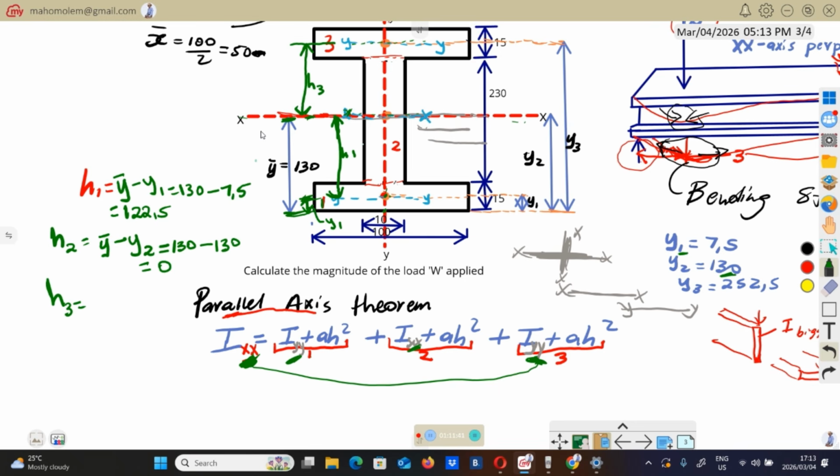So how much will be h3? Remember, from the top to here is 130. And from here to the center here is half of 15, which is 7.5.